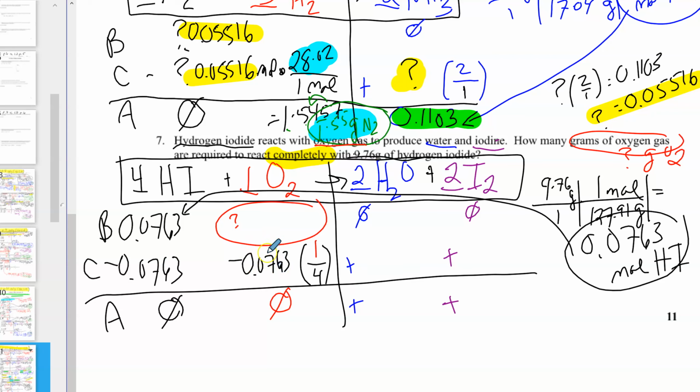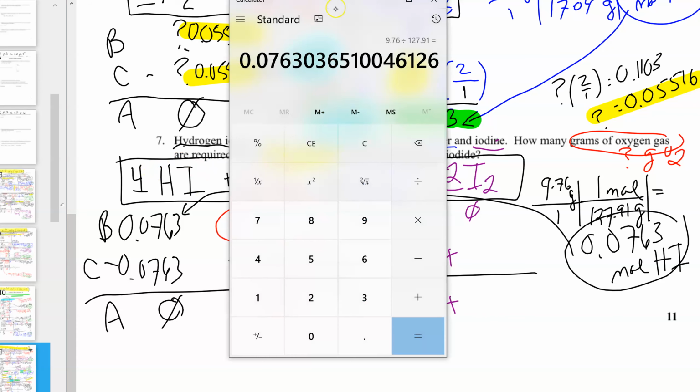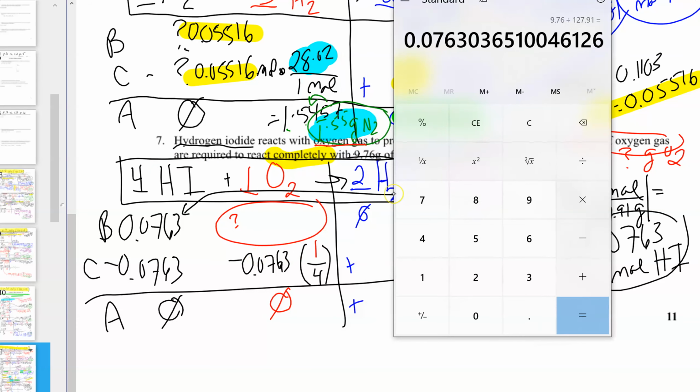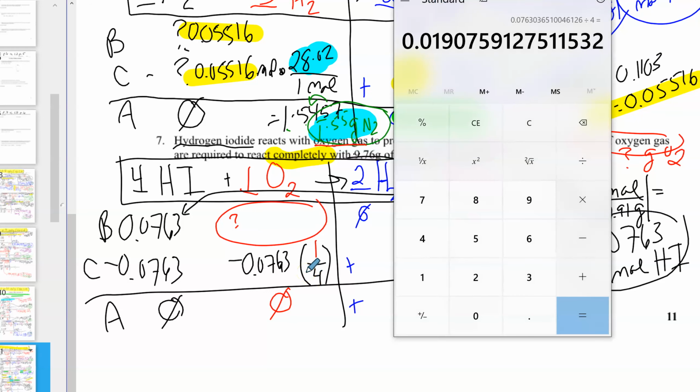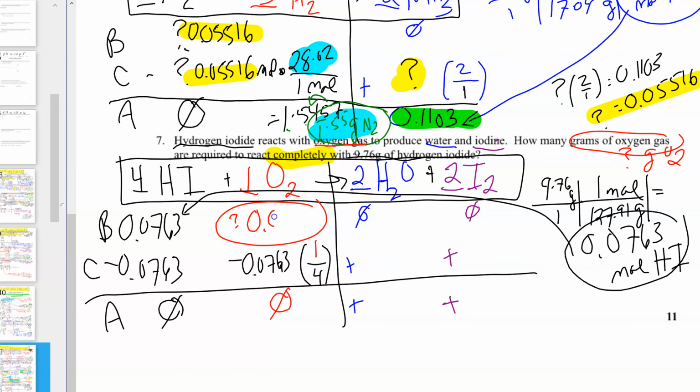We're using up that 0.0763 times the mole ratio, the unknown oxygen to known hydrogen iodide. So in our calculator, we've got to take this number and divide it by 4. So this term right here is actually 0.019075 and so on. If there's none left, and this is how much I used up, how much must I have started with? That same number. So 0.019. And that's my moles of O2.